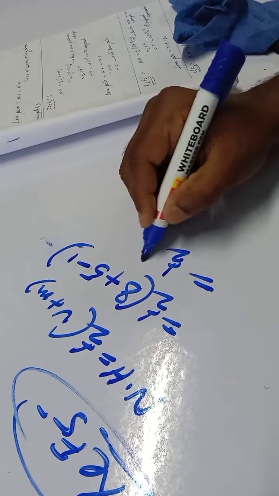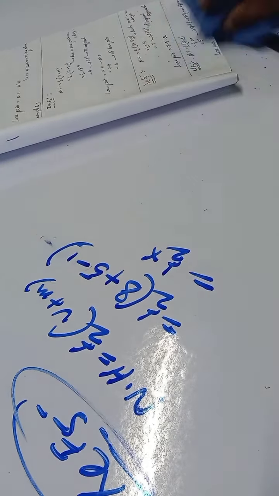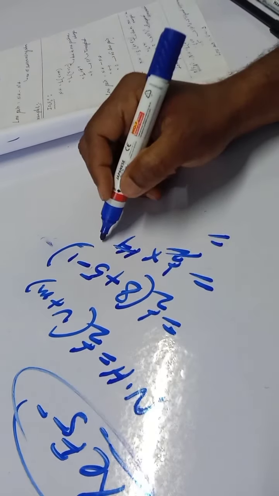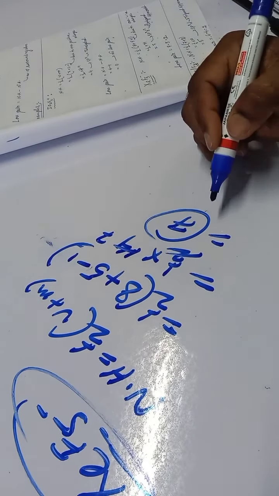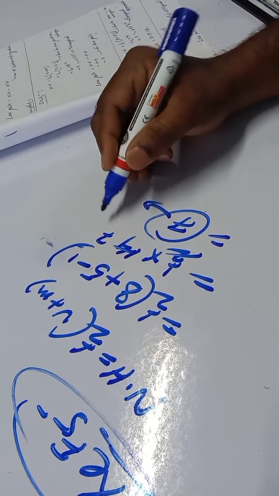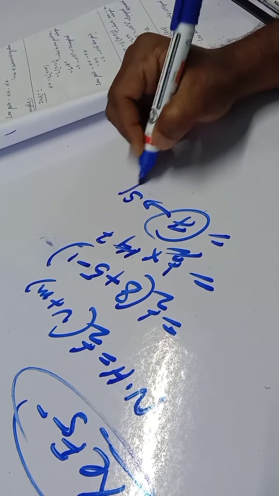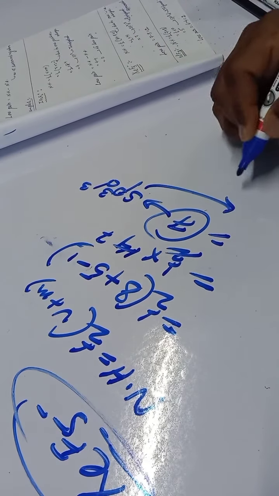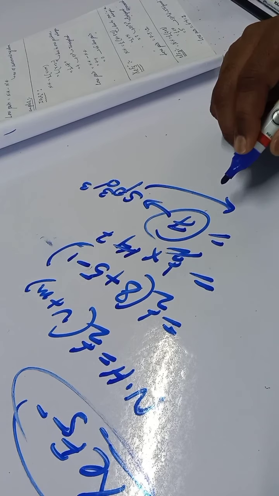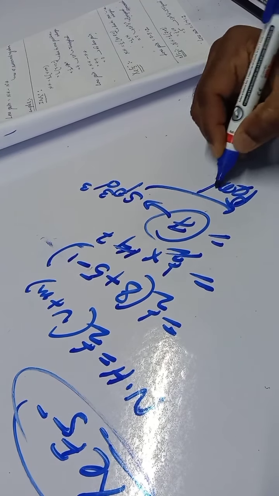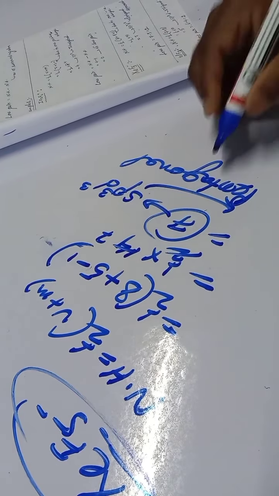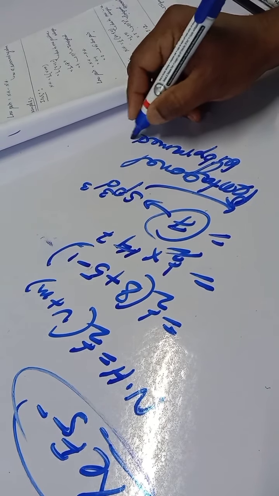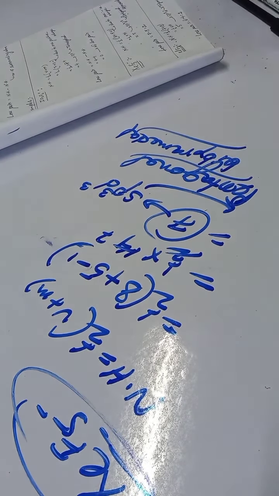So half into 14 equals 7. You may write sp3d3. The geometrical shape is pentagonal bipyramidal.